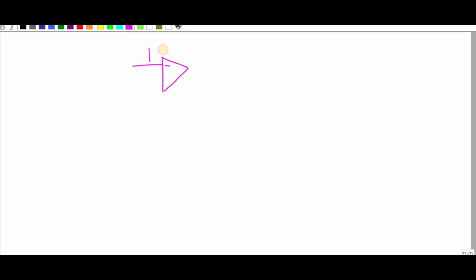So I can redraw the circuit like this as well. Here both the circuits are the same. Whatever circuit I have drawn previously is the same.